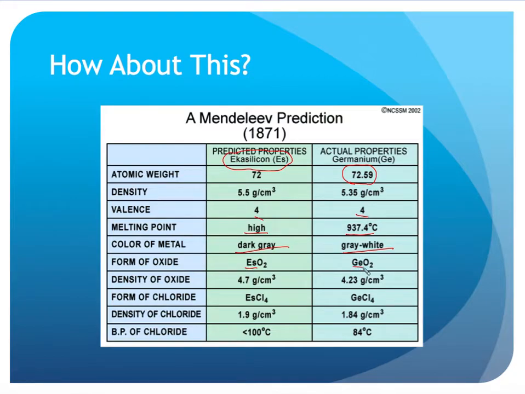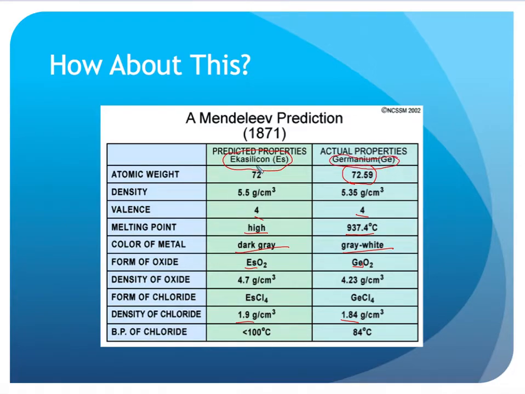The density of the oxide, he had 4.7, it was 4.23. Okay, maybe that's as far as he was off. Chloride, Cl4, Cl4. Density of the chloride, 1.9, 1.84. And boiling point, less than 184. Super close. So what was found was an element currently known as germanium.